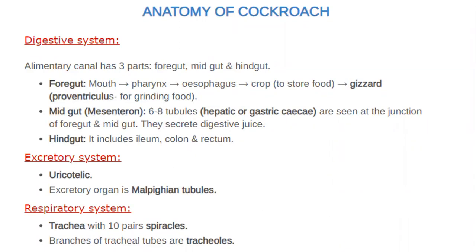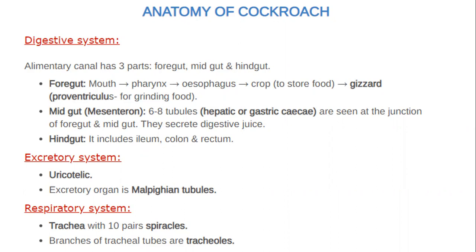So the mouth opens into the pharynx, that leads to a narrow esophagus which opens into the sac-like crop for storing food, and it is followed by gizzard or proventriculus which has six chitinous plates called teeth used for grinding food particles.